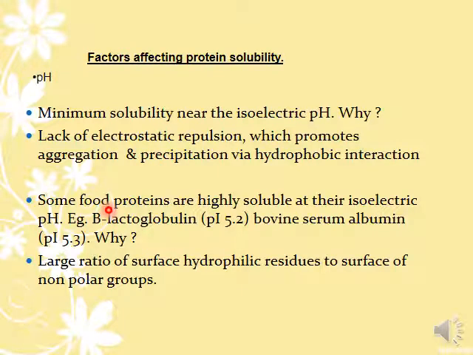Go back again to the rule of thumb. If it is soluble, the major interaction will be hydrophilic interaction or ionic interaction. So there is a large ratio of surface hydrophilic residues on the surface of the protein.